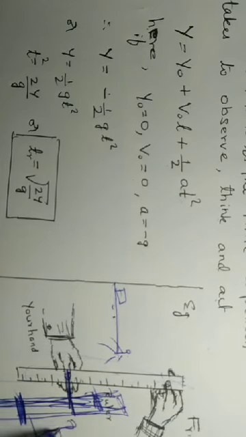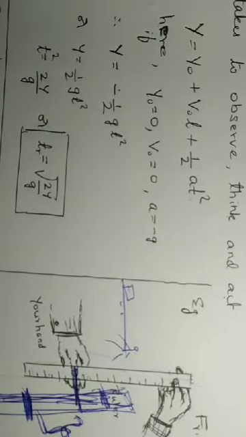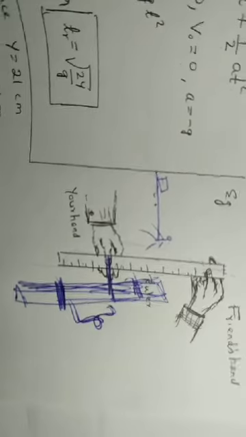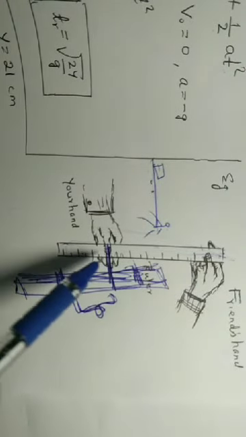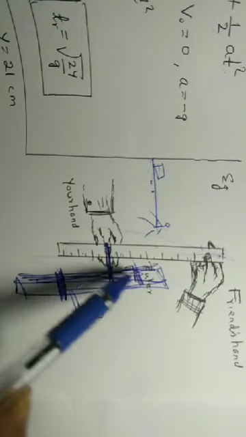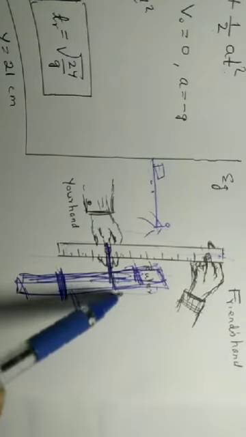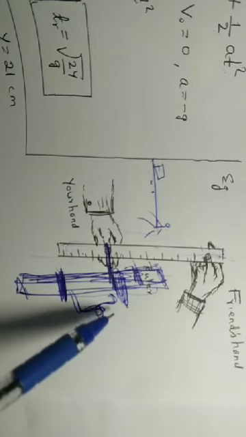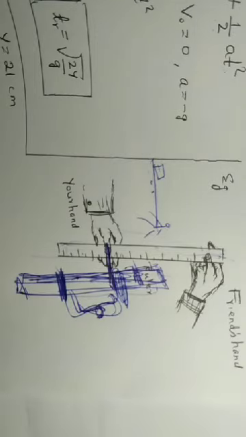This distance you have to measure. Understood? When you drop this scale vertically downward, this was your initial position. Finally your ruler will move down and you will hold here. This is the final position, so this is the distance the ruler has traveled.